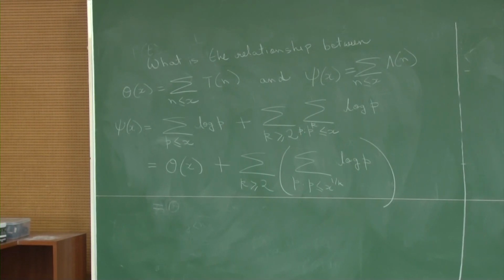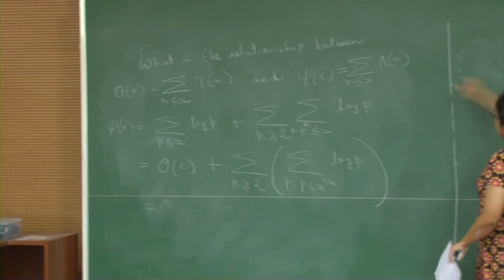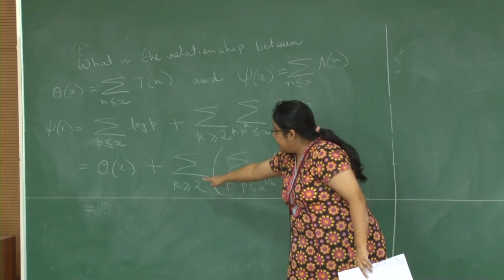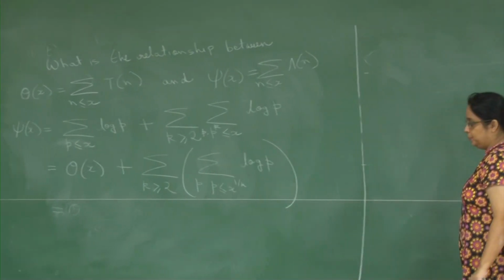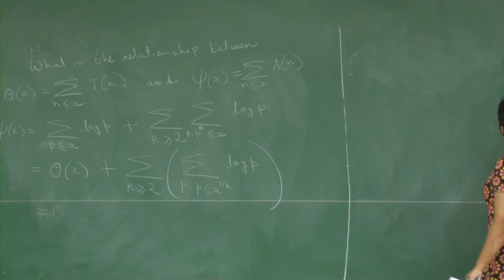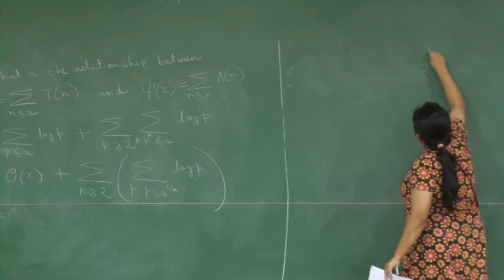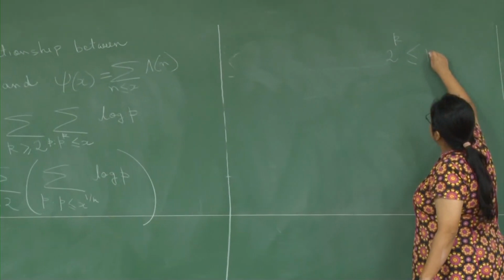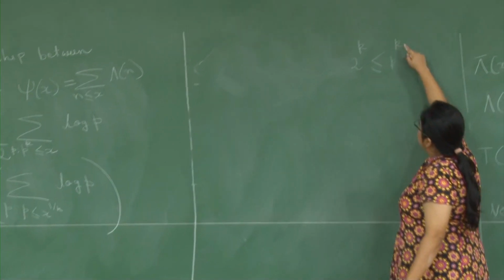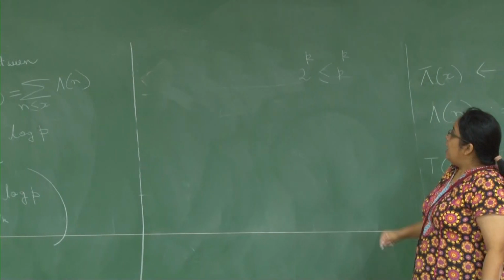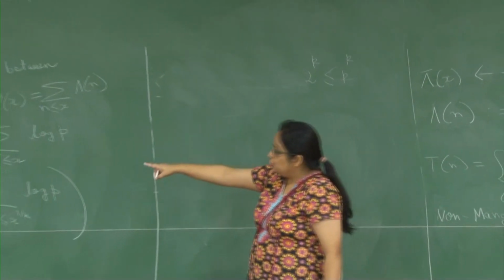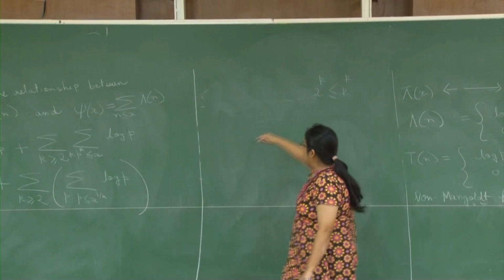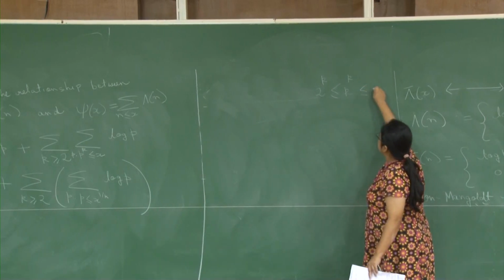So, this sum, notice you have k greater than or equal to 2. When you take 2 raised to the k, this is certainly less than or equal to any prime raised to the k, and this sum is only going over those p to the k which are less than or equal to x.